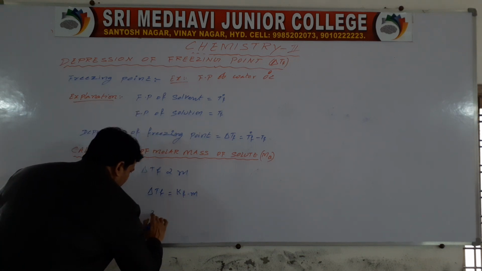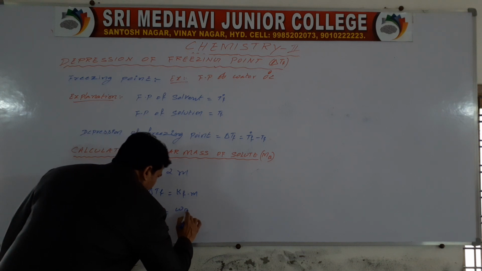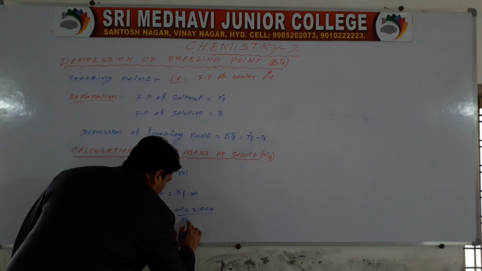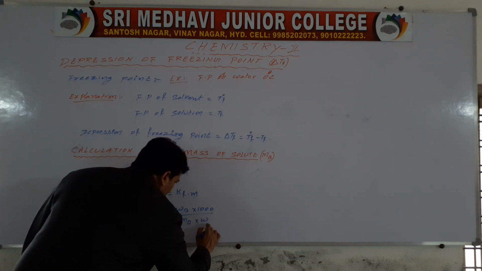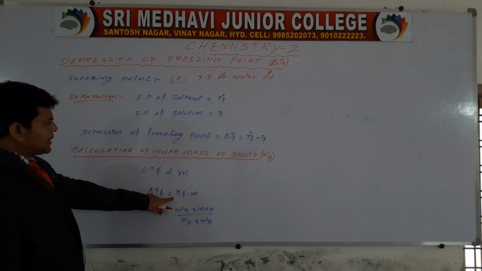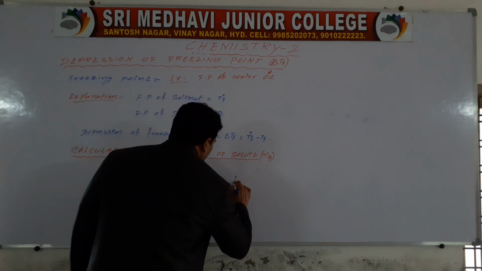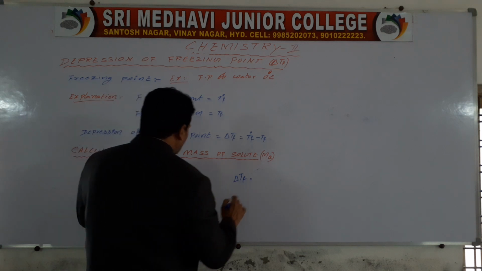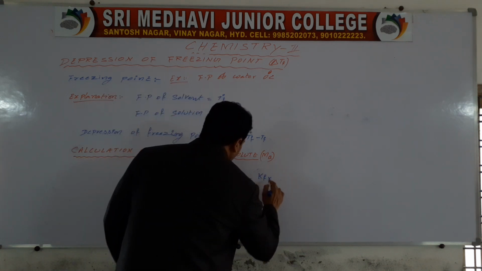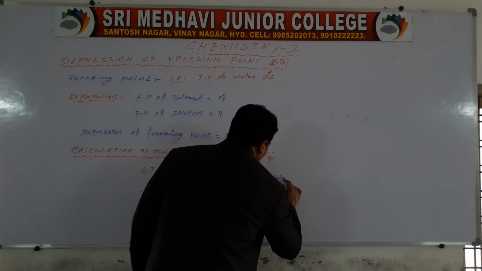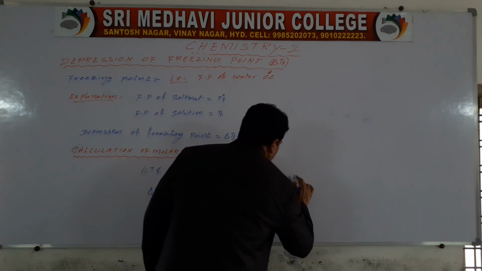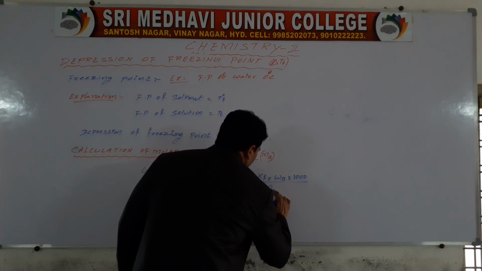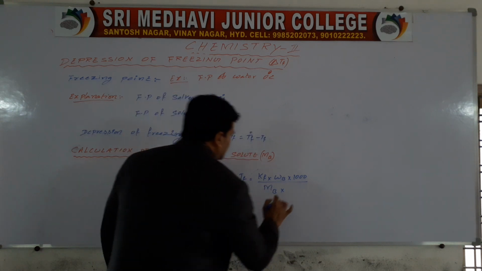So m equals WB into 1000 by MB into WA. So I am keeping the m value in this. Then delta TF is equal to Kf into WB into 1000 by MB into WA.